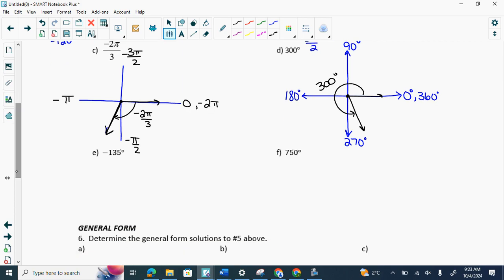And we have negative 135. So I go 0, negative 90, negative 180, negative 270, negative 360. Negative 135 lands in the middle because it's a 45-degree reference angle. I get negative 135. Oh boy, what's going to happen with 750?